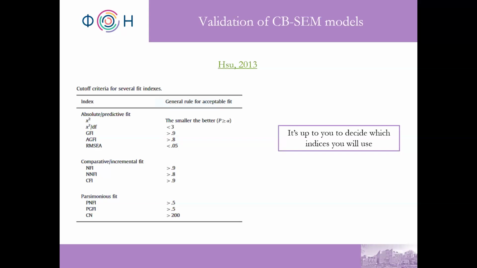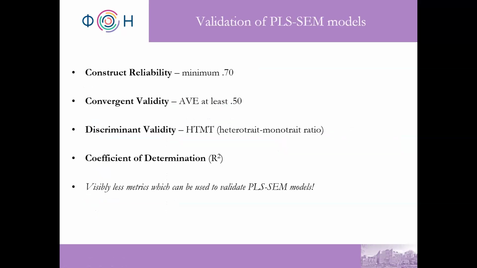But as I said, some indices are common to present, those are the value of the chi-square statistic, RMSEA, as well as NFI and CFI. But of course, if you want, you can present others as well.